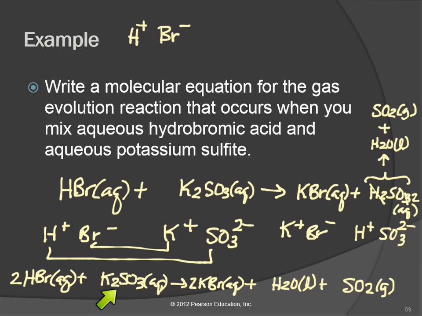Here's 1 sulfur and 1 sulfur. Now let's take care of the hydrogens and the oxygens. 2 hydrogens and 2 hydrogens. For oxygens, we've got 3 oxygens here, and 1 plus 2 is 3 there. So there's our balanced chemical equation.